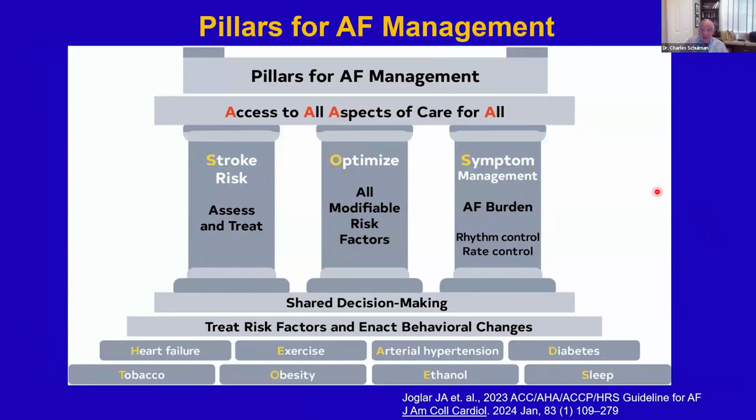These are the pillars for AFib management.